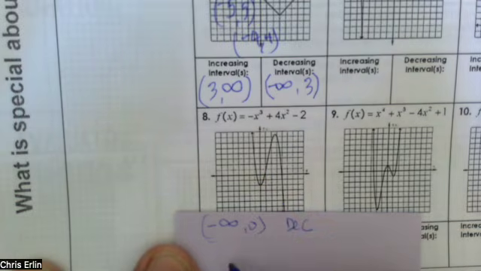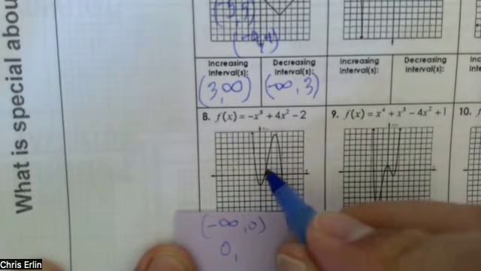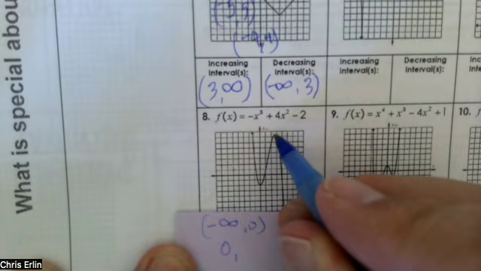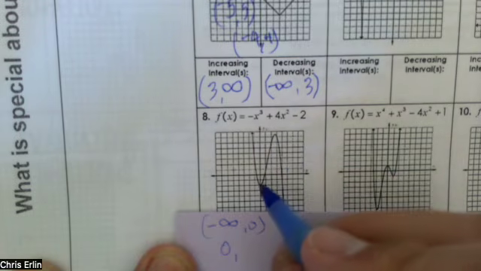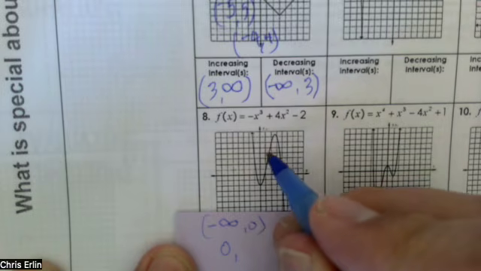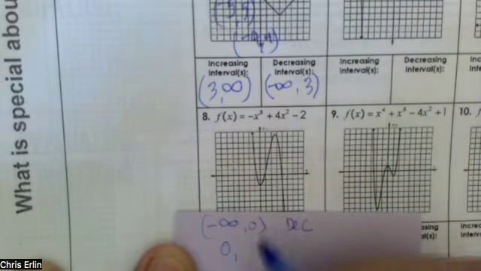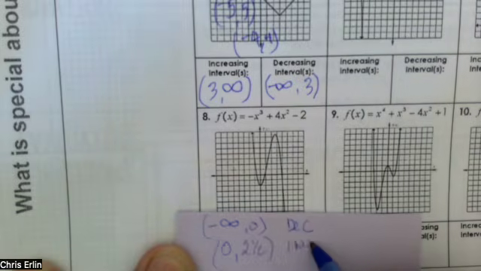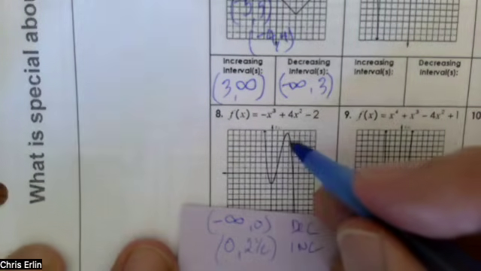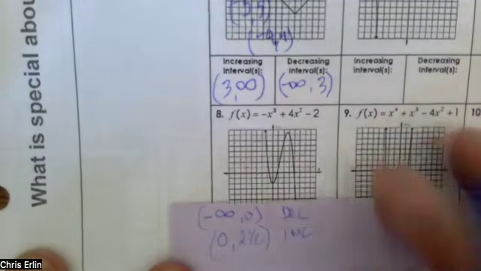Now I'm at 0. From 0 to about 2.5, is it an increasing, decreasing, or constant function? Increasing. It's getting bigger and bigger from 0 to about 2.5. So we'll call that increasing. At 2.5, it begins to go this way. Is that increasing or decreasing?